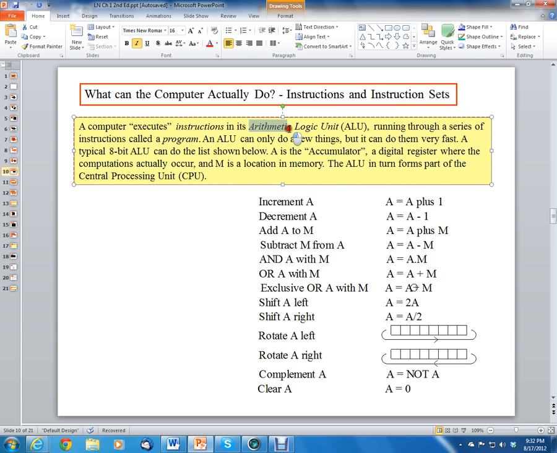Arithmetic meaning addition, subtraction, multiplication, division. Logic meaning and, or, nor, not, exclusive or, things like that. So it can do logical operations, greater than, equal to, less than, and it can do adding and subtracting. So that's a unit inside of the computer. And these are just some examples of those that you can go through as well.